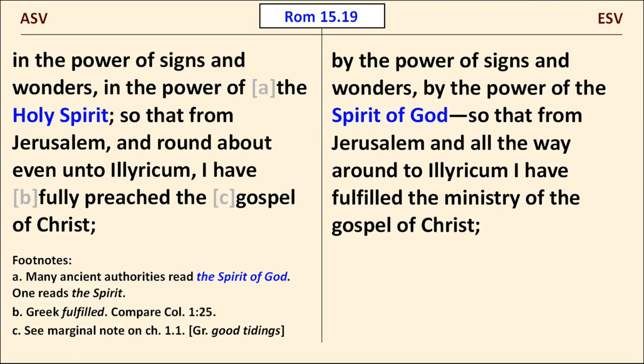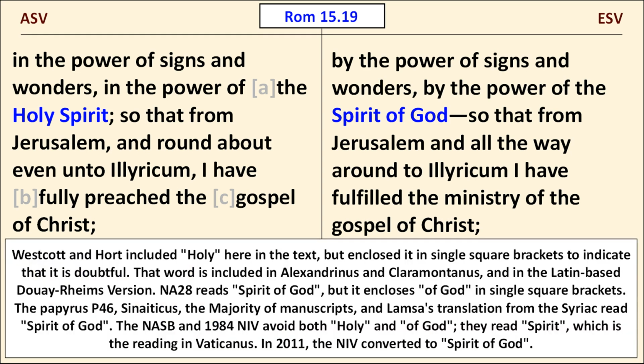In Romans 15, verse 1, the American Standard Version reads "Holy Spirit," while the English Standard Version has "Spirit of God." Westcott and Hort included "holy" here in the text, but enclosed it in single square brackets to indicate that it is doubtful.